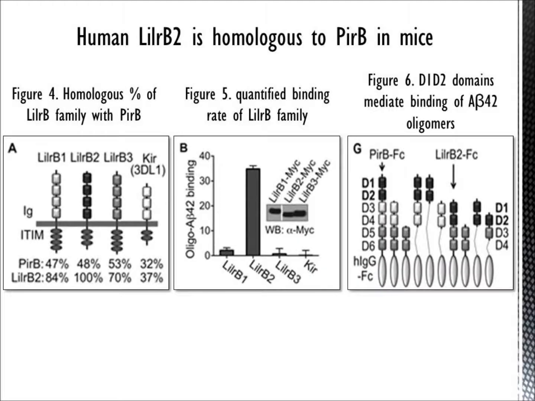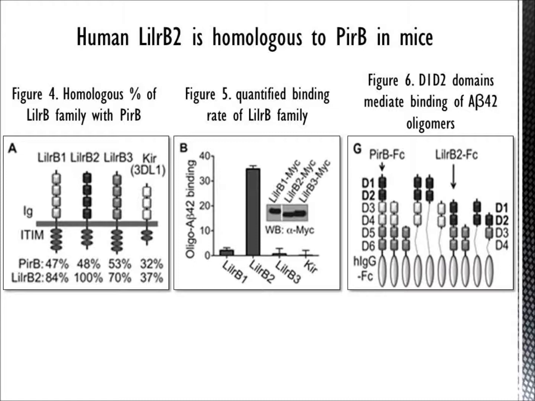While PIRB, paired immunoglobulin-like receptor B, acts as a receptor for oligomeric A-beta in mice, the human homologue of PIRB is leukocyte immunoglobulin-like receptor B. There are 5 family members in this receptor, leukocyte B1 to leukocyte B5. To find which of these receptors functions analogously to PIRB as a receptor for A-beta oligomers, leukocyte B1, 2, and 3 were examined because they are most related.